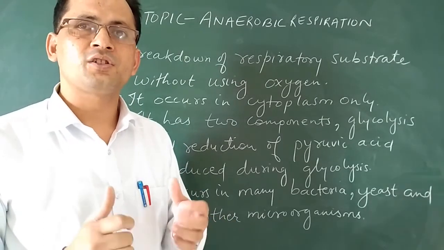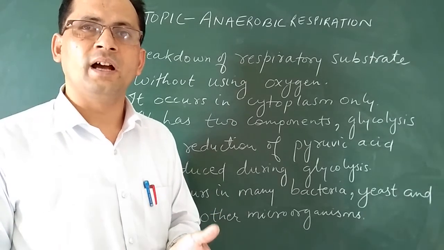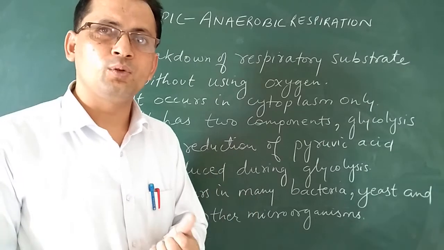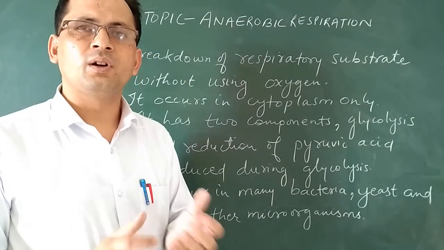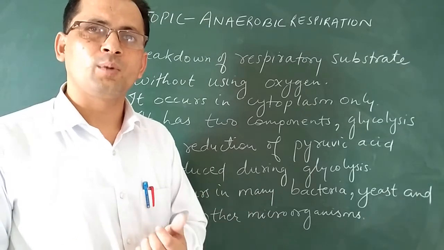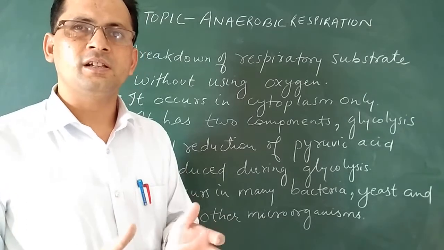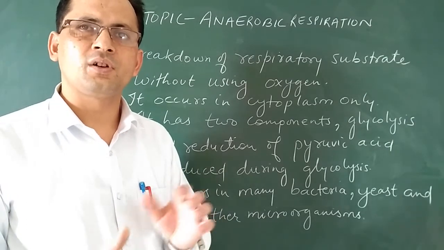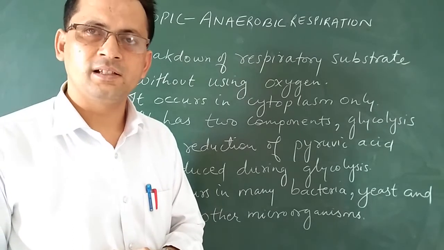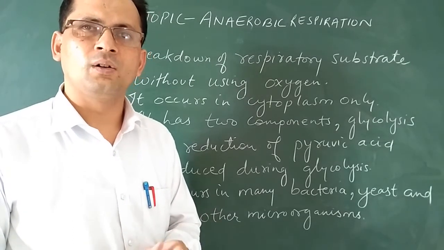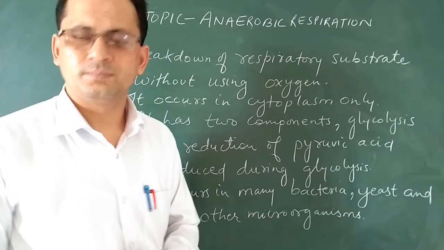This lactic acid causes pain in the muscles of the athlete which forces them to stop their activities, because the cells do not get the proper amount of oxygen. So in yeast there is production of ethyl alcohol, and in human muscles there is production of lactic acid, which causes pain in the muscles of athletes.